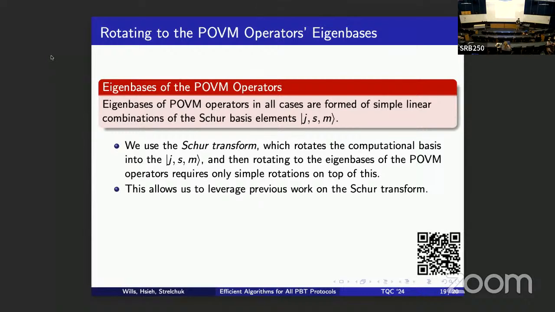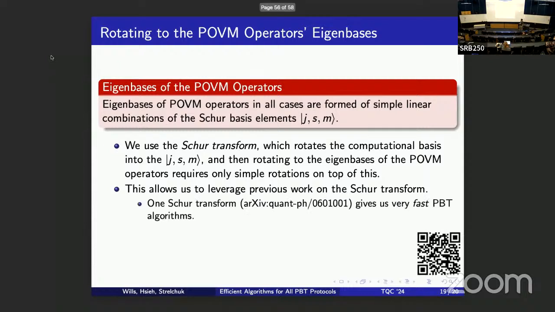This is very convenient for us because we can leverage previous work on implementations of the Schur transform. In particular, we can use one implementation called the BCH Schur transform, for Bacon, Chuang, and Harrow. And that gives us very fast algorithms for PBT.